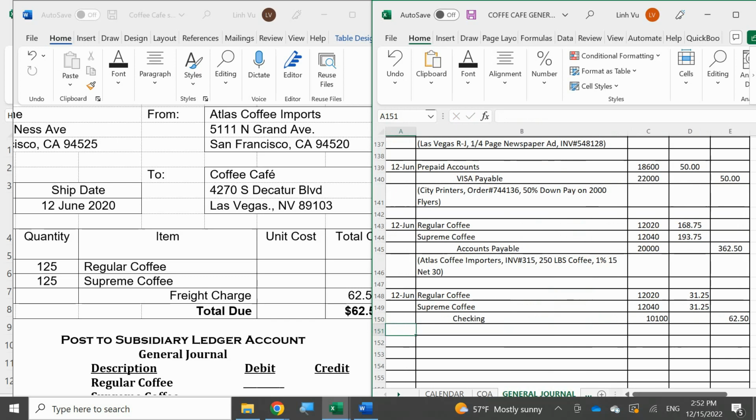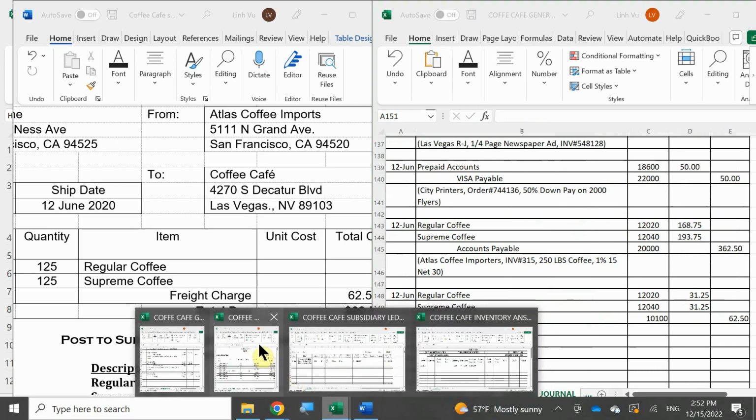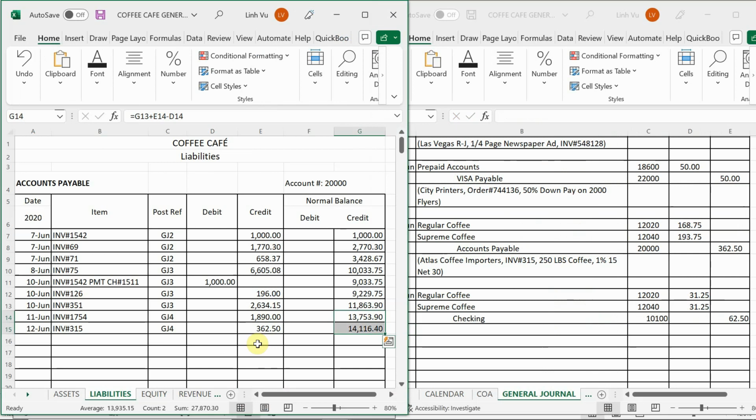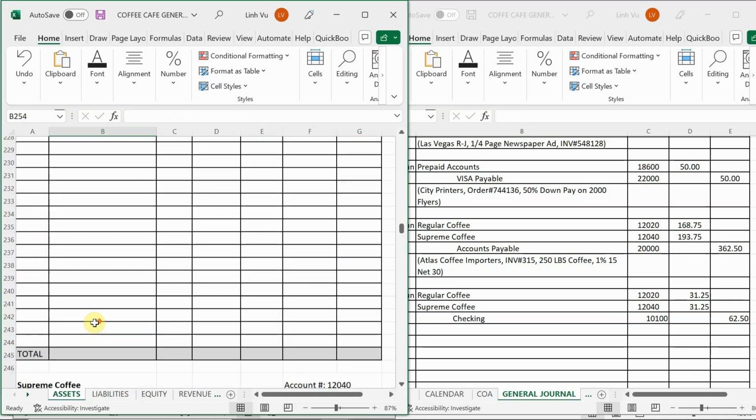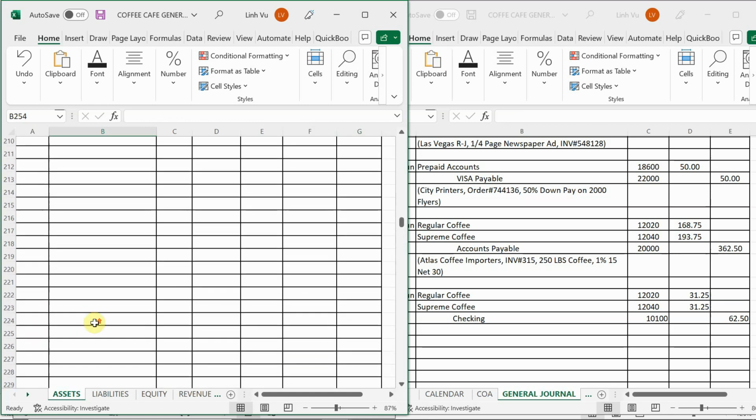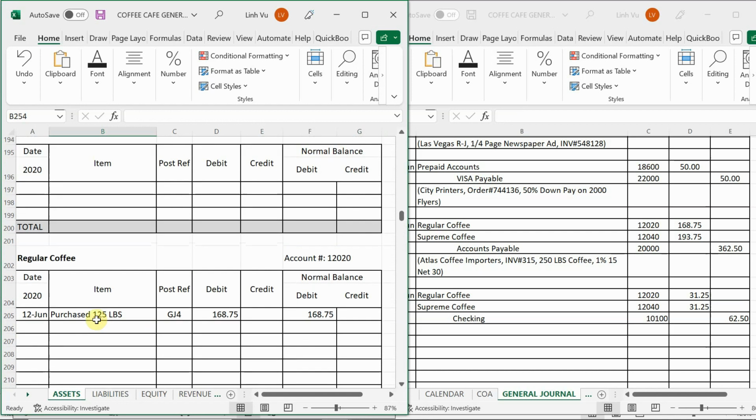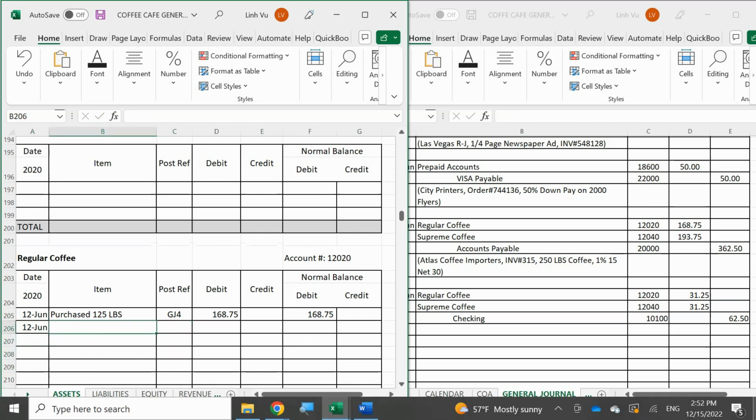Right? So therefore, let's go ahead and plug it into my ledger. My ledger is going to tell me that I'm going to increase my accounts. So here's my regular coffee, and I'm going to put in here my items. Here is going to be shipping cost.